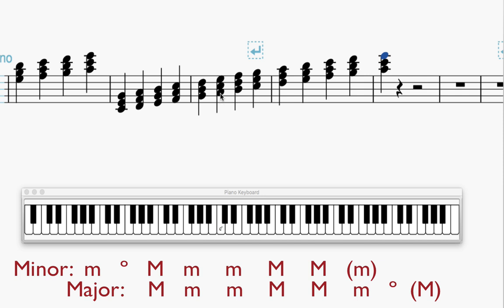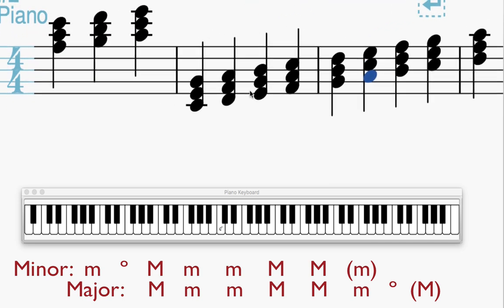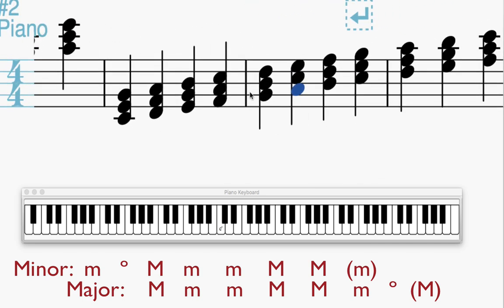We get minor, diminished, major, minor, minor, major, major, minor. We get the right pattern. All we did was shift. We just started here. So if we just looked at these first 8, what we could do is do the same major pattern that we already know, but just start it right here.